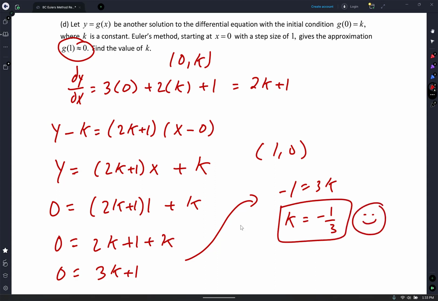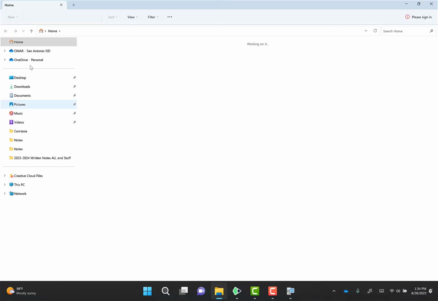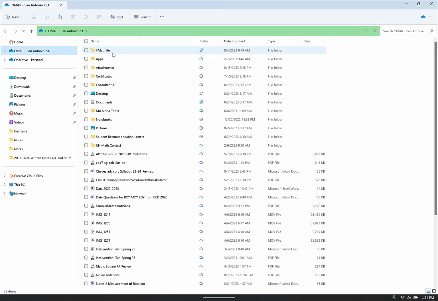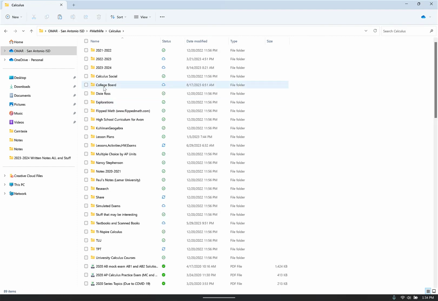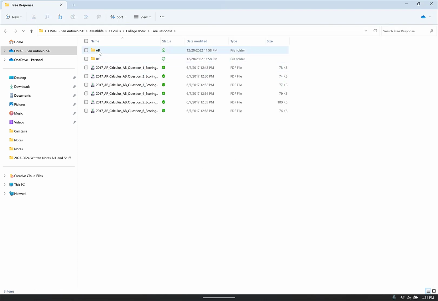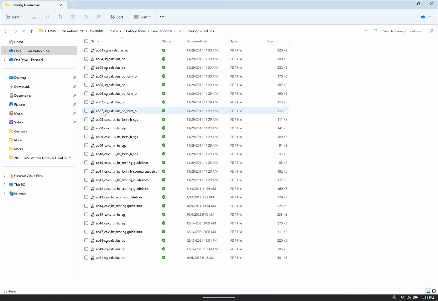All right, should we check our rubric? Let's check our rubric, guys. I haven't checked this rubric, so it's going to be new to all of us. Math Live, Calculus, College Board, Response, BC, Scoring Guidelines, 1B.